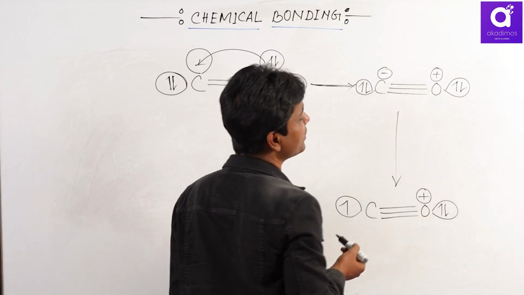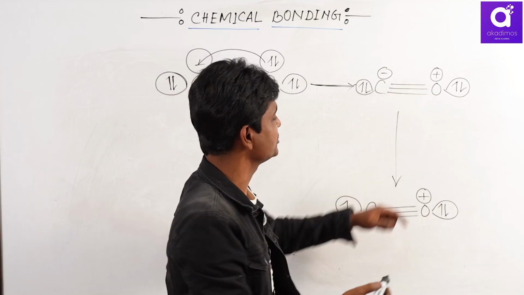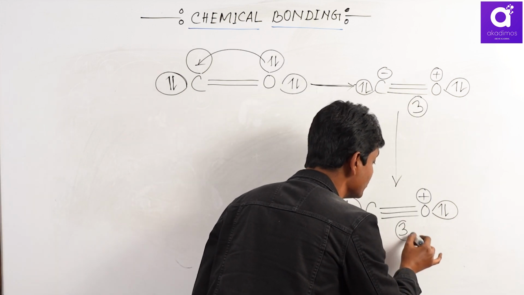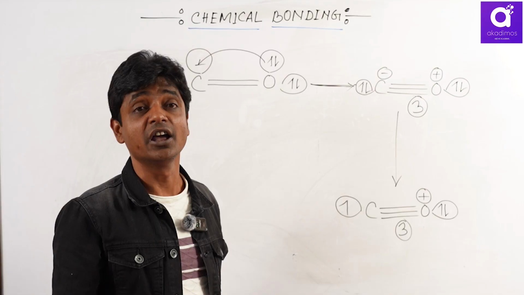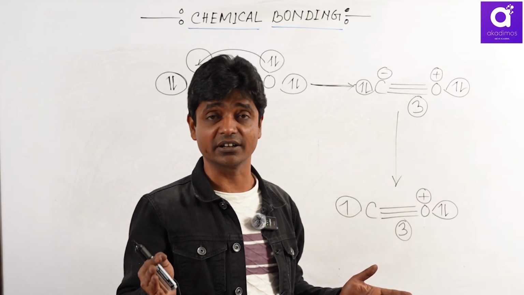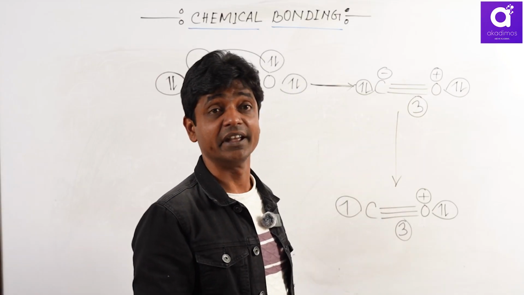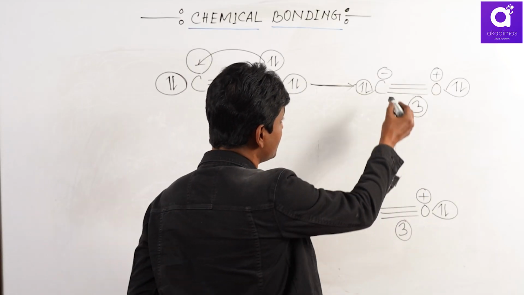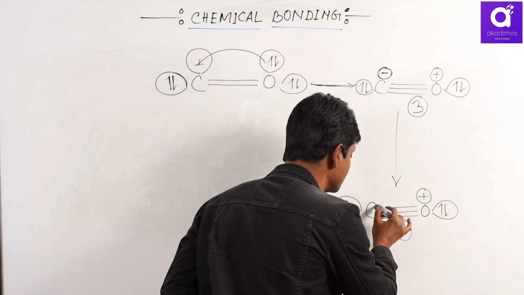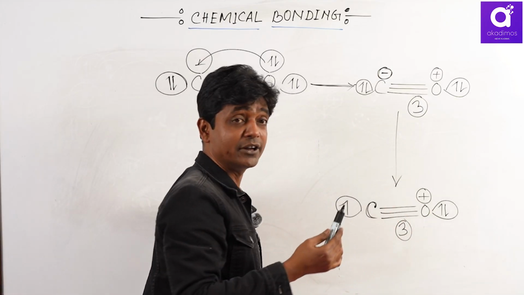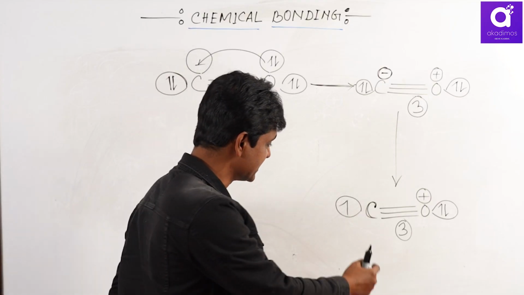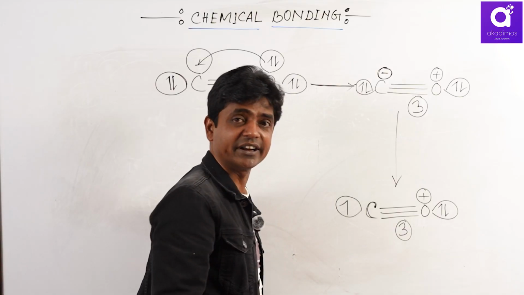See, here the number of bonds between carbon and oxygen is 3, that is bond order 3. Here also 3. Now if a question comes in future to compare the carbon-oxygen bond length, what will be your answer? Since both have bond order 3, remember here carbon with minus charge means electropositive. Here carbon is neutral, that is more electronegative. And you know with increase of electronegativity, bond length decreases since its attraction towards the bonded electron increases.